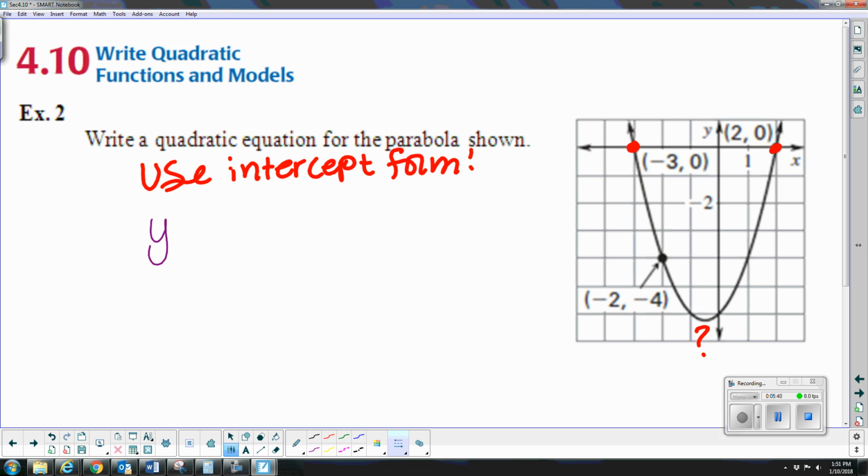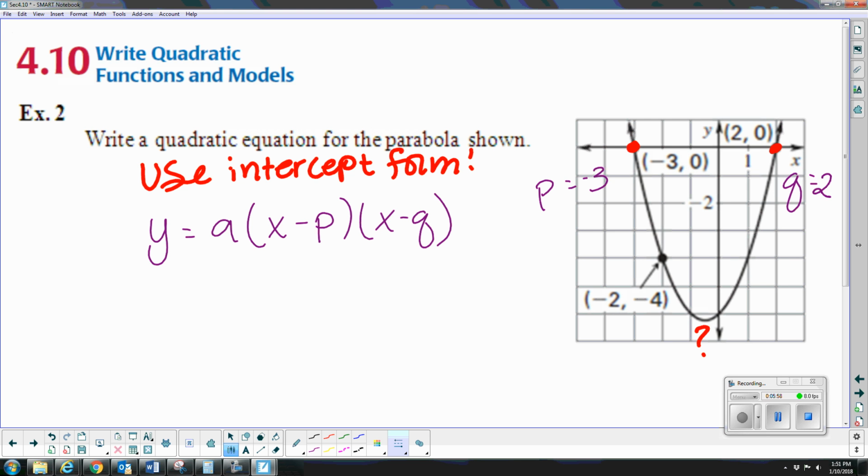So intercept form is y equals a times (x minus p) times (x minus q). So let's look here. P is -3, Q is 2. So y equals a times (x plus 3), which is x minus -3, times (x minus 2).